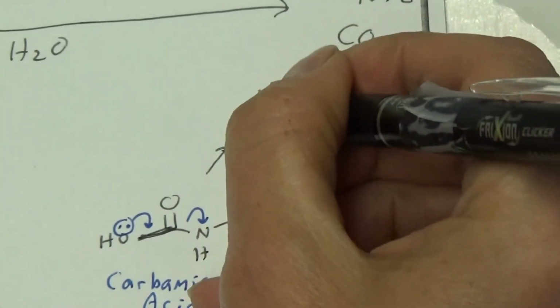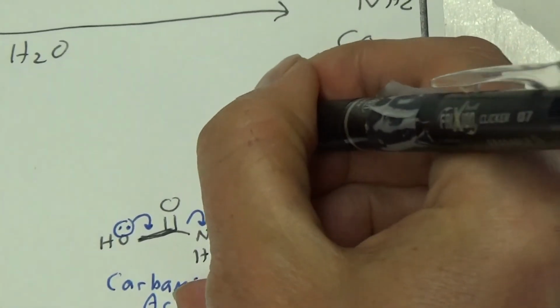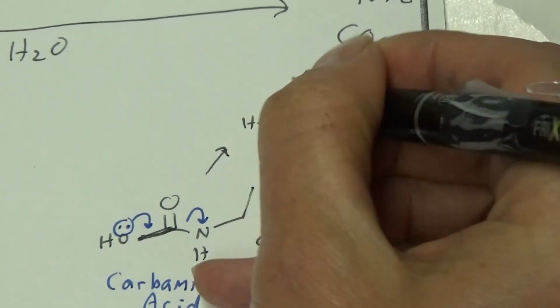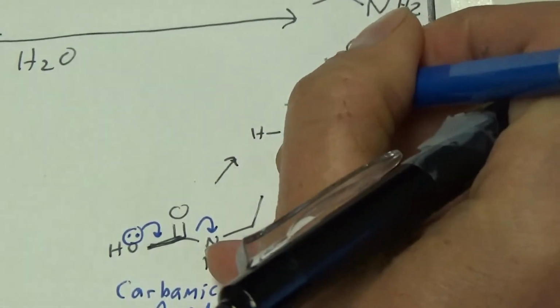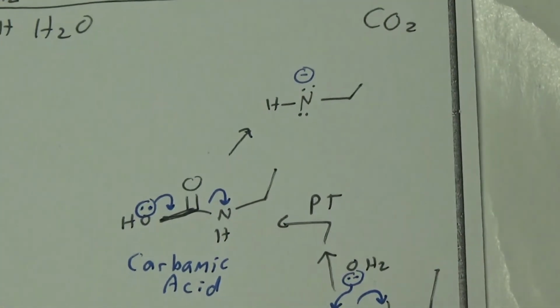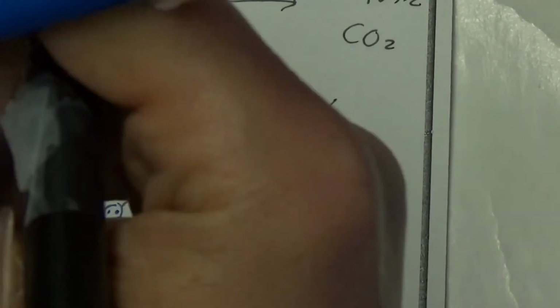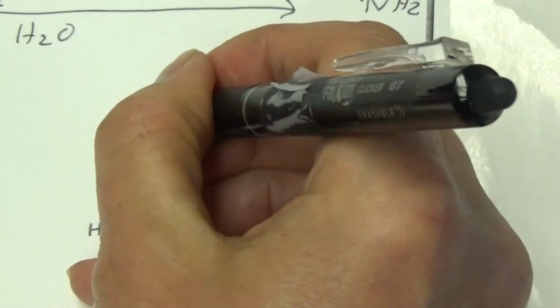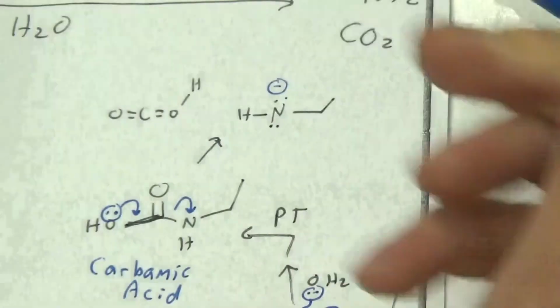I'm like, okay, well, I made NH minus, with lone pairs, right? And then we have essentially CO2 with one extra proton.